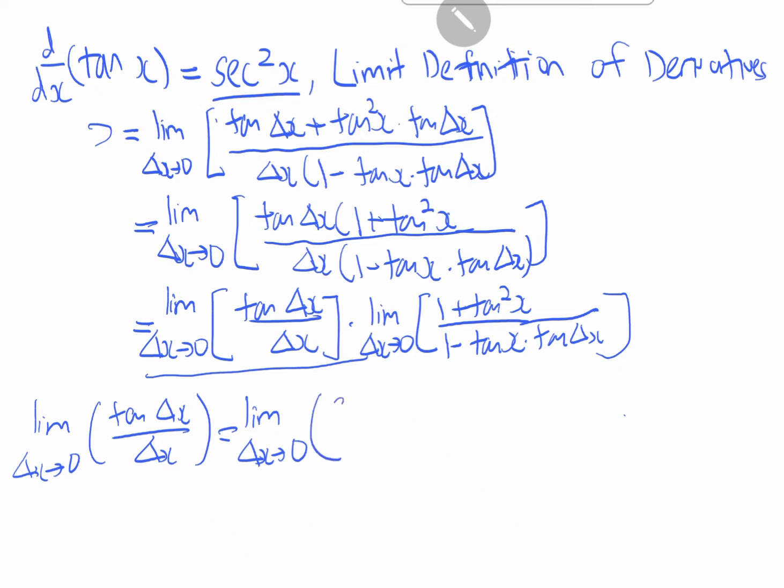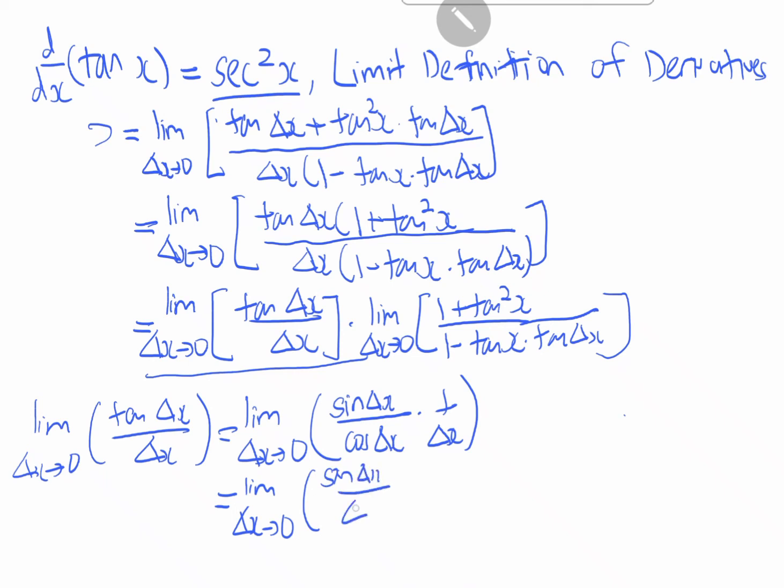So tangent delta x is sine delta x over cosine delta x, times 1 over delta x, which is equals to limit delta x goes to 0, sine delta x over delta x times limit delta x goes to 0, 1 over cosine delta x.